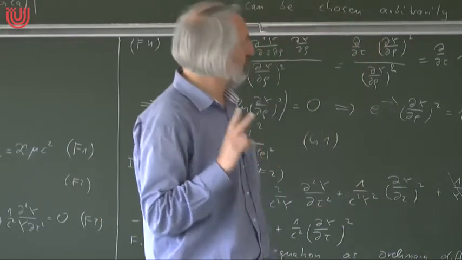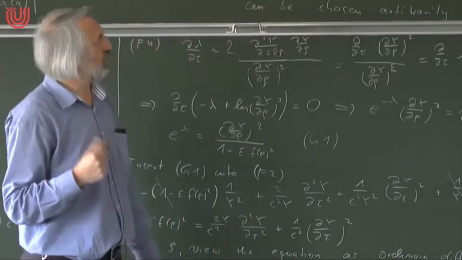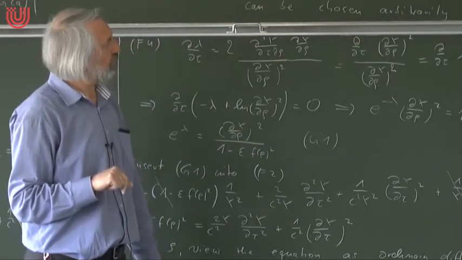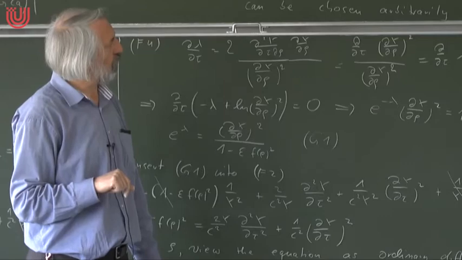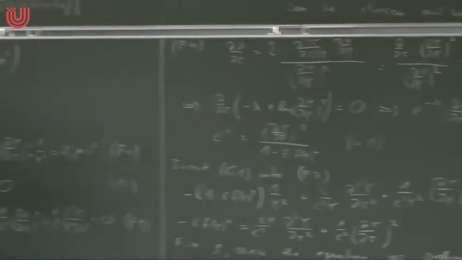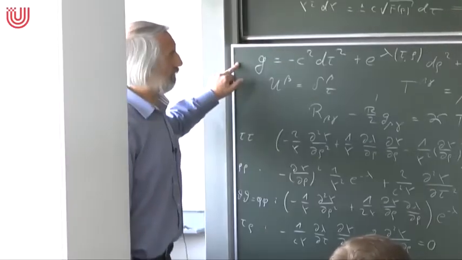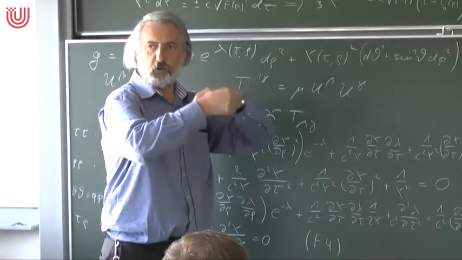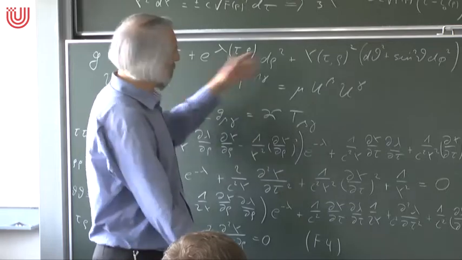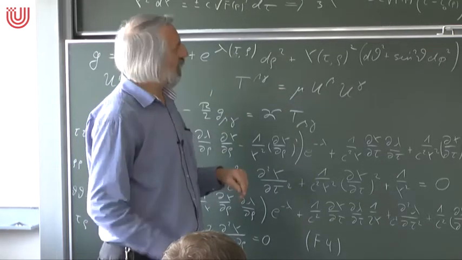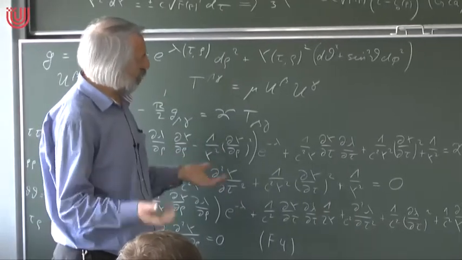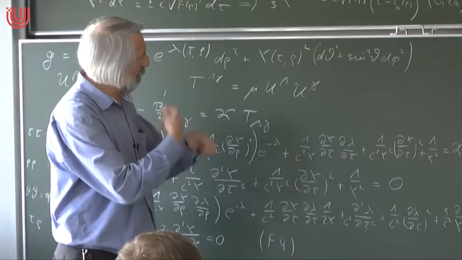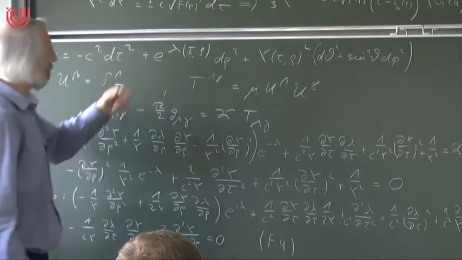There are only 2 functions which are independent of the choice of the coordinates. The reason is that this form of the metric is preserved if you transform the coordinate rho into a new radial coordinate without mixing it with the other coordinates. And this freedom, so we have one function as a piece of arbitrariness in this ansatz.